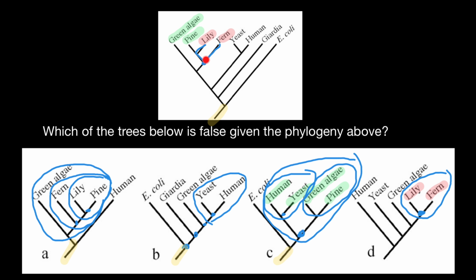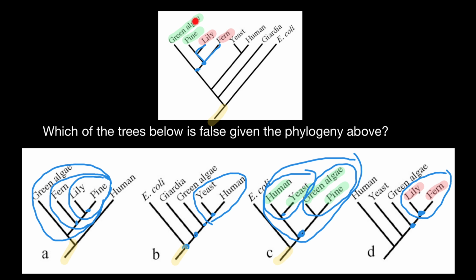And next, if we go down to the root, we expect that the next common ancestor is going to be with green alga. This is going to be this point on this phylogenetic tree, and this point on this phylogenetic tree. And so far, so good. We also have a correct representation of the relationship between lily, fern, and green alga.